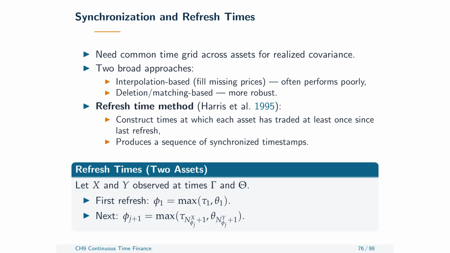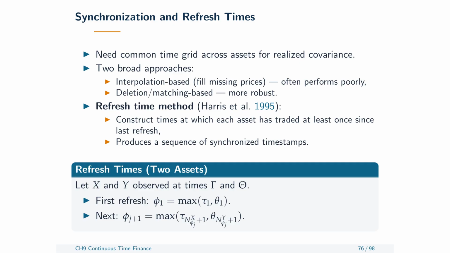A valid covariance estimator must address both contamination and synchronization, and it should produce a matrix suitable for subsequent statistical calculations. The EPS effect describes the tendency of measured cross-asset correlations to fall as sampling becomes finer.